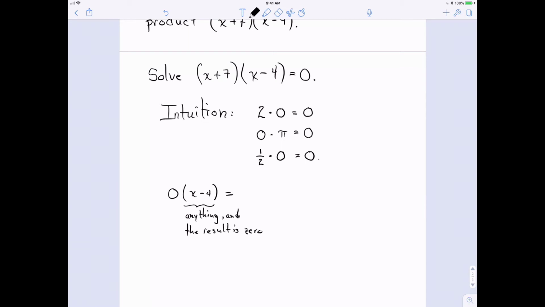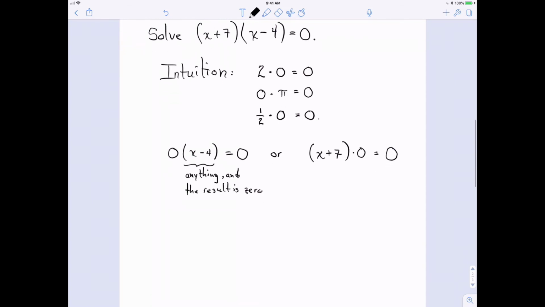So I could say this is 0. Or what else could happen is, what if the x minus 4 was the 0? Then, again, this would be 0.